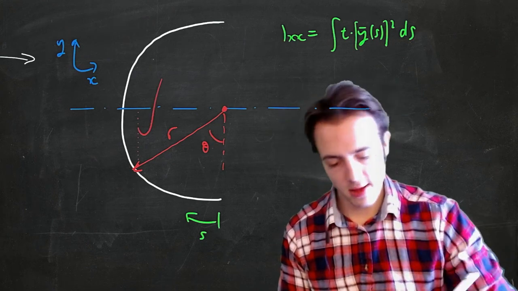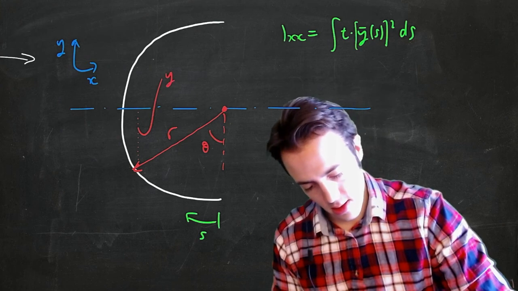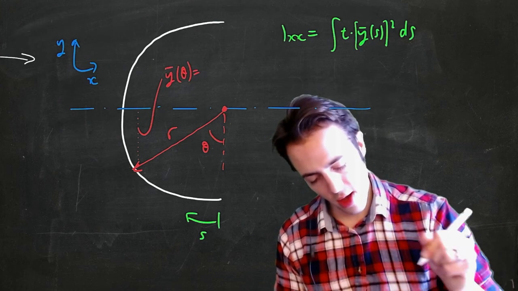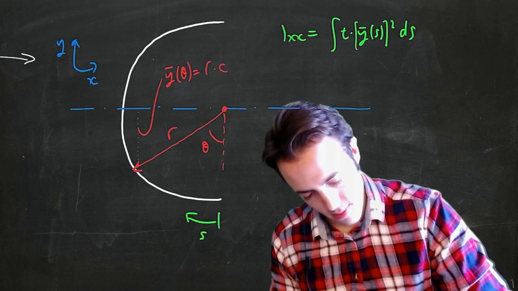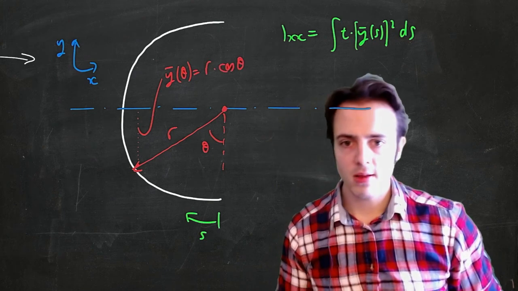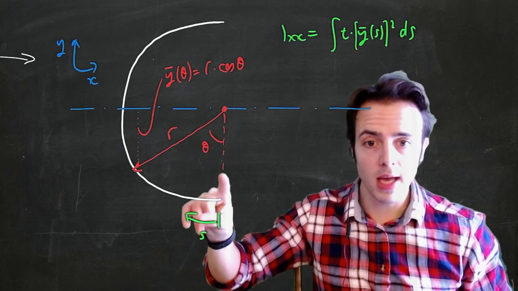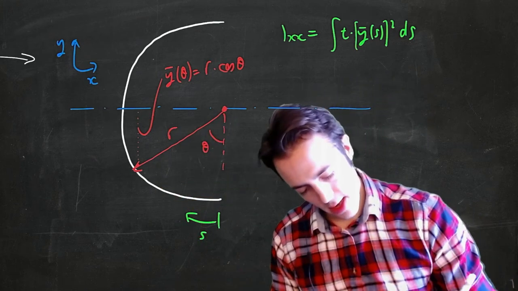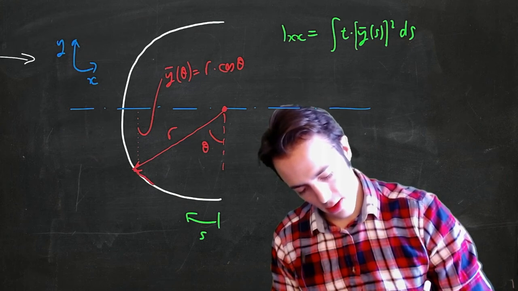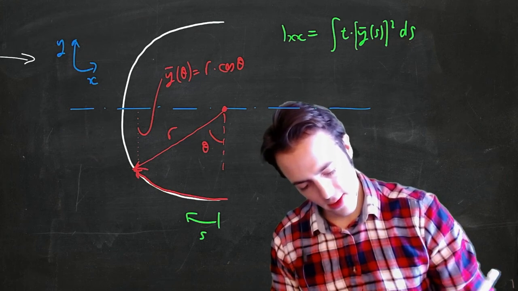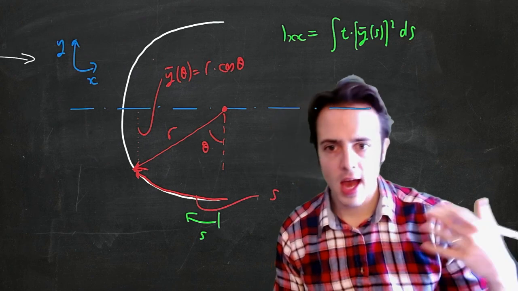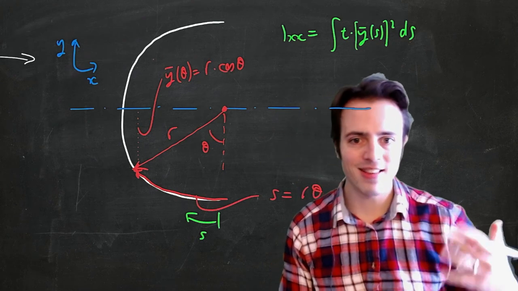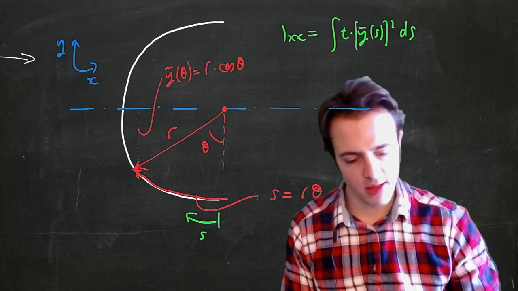This y bar as a function of theta is simply equal to r cosine theta. Okay, so that's the separation from this point here. r cosine theta is that length here. Then also I've got this arc length along here, which is going to be my s. So s as a function of theta is simply equal to r theta, as long as theta is in radians. So s is equal to r theta.